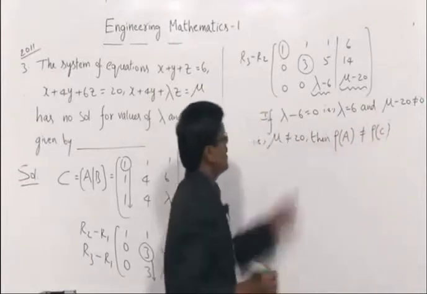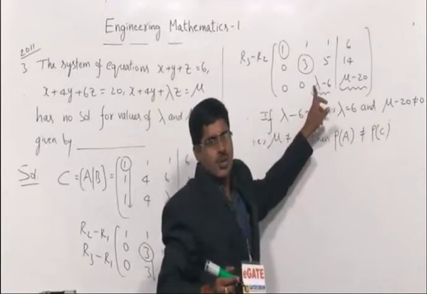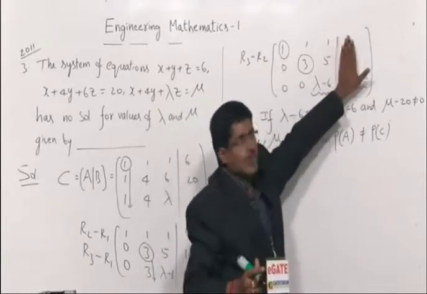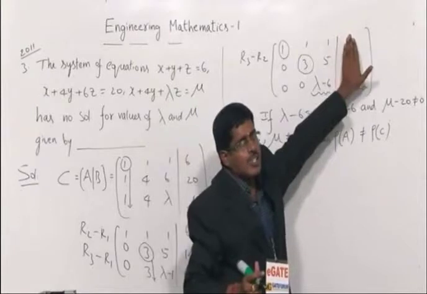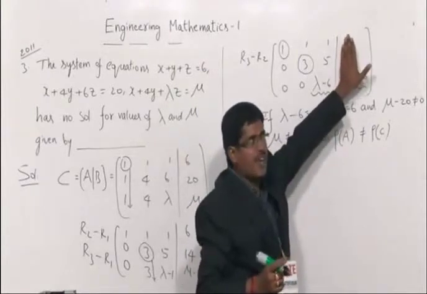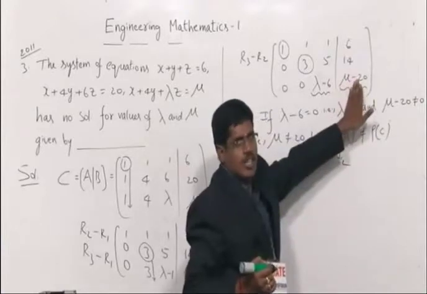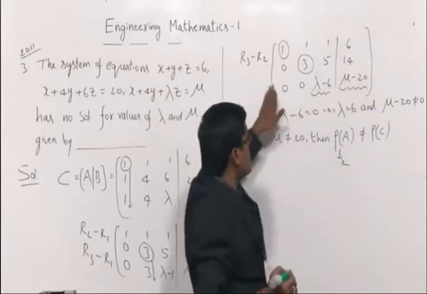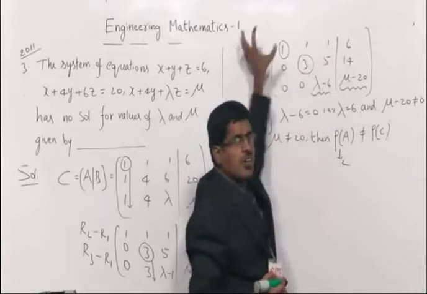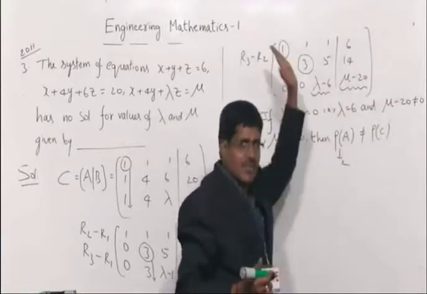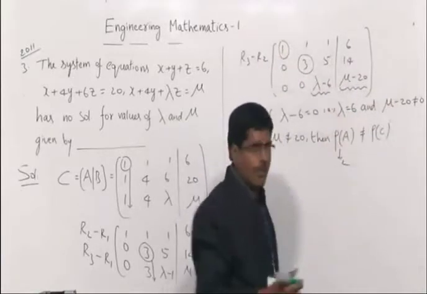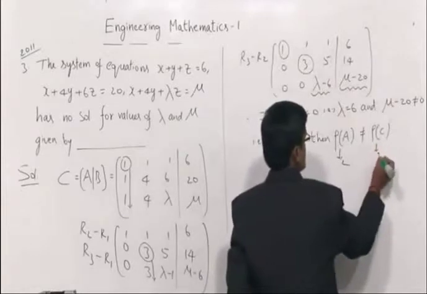See this one, lambda is 6, this value is 0. After closing the last column, the rank is equal to the number of circles, that means the number of non-zero rows. So rank A is equal to 2. This element I assumed not equal to 0, that means this is a non-zero row in the entire C matrix after reducing into row echelon form. So rank C is 3.